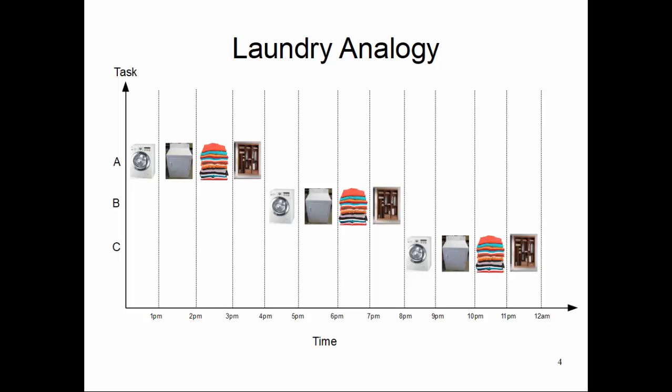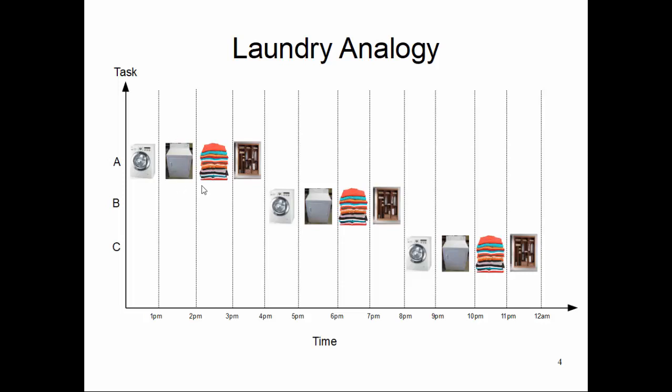Now if we think of doing the laundry as a complete task, and person A starts from 12 noon, and each step, let's say, takes 1 hour, then 4 steps will take 4 hours, right?